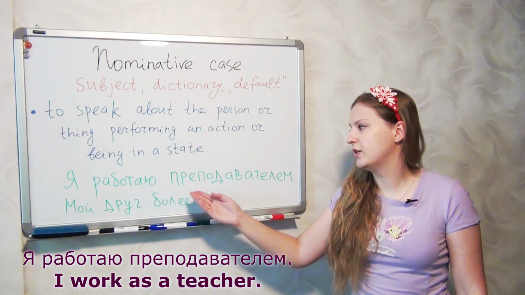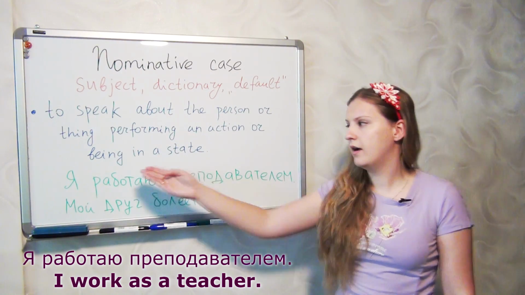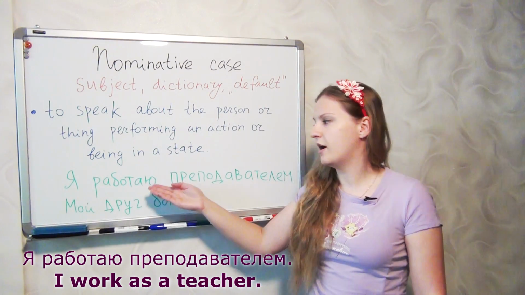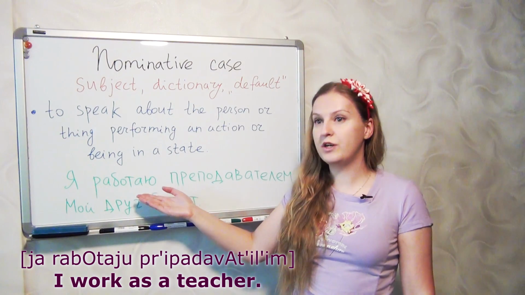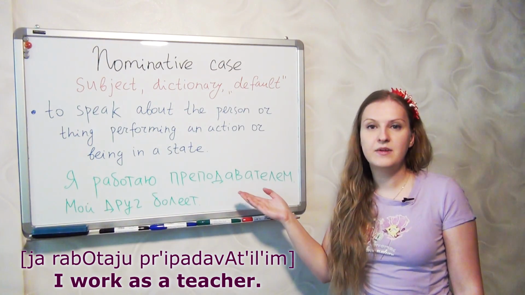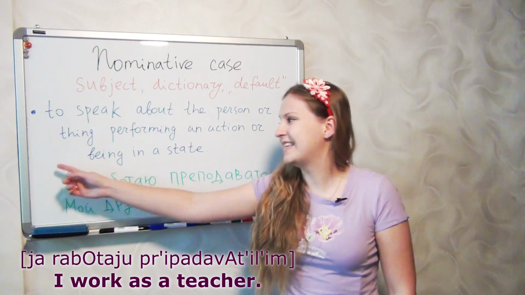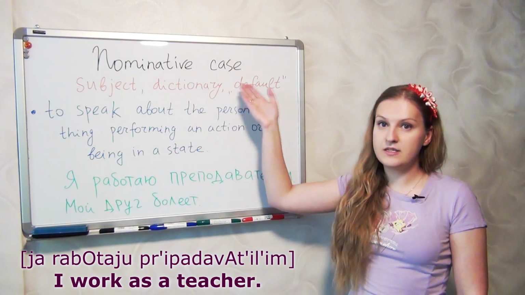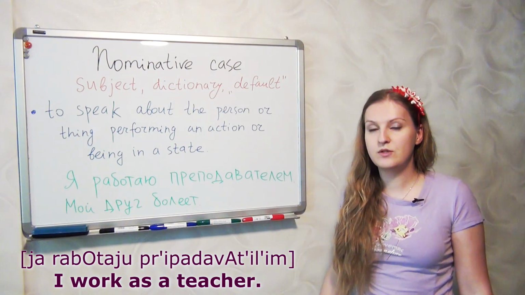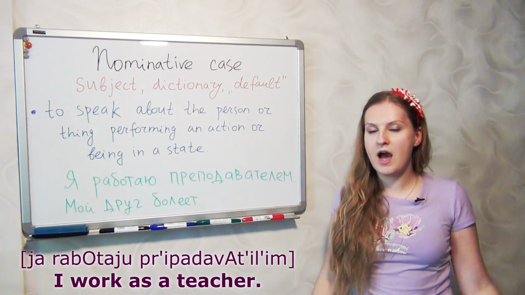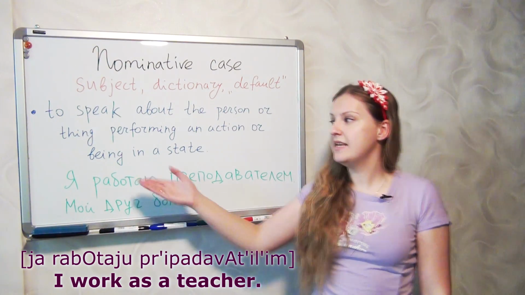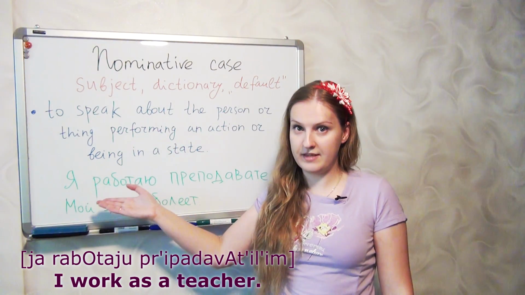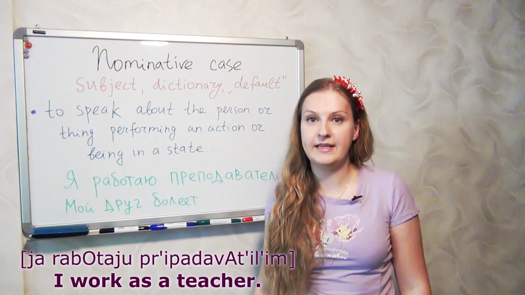Я работаю преподавателем. Работаю is a predicate, "work," преподавателем, "as a teacher." Here, я, the pronoun, is in the nominative case. In the first case, we do not say мне, меня, and so on. We say я. This is the nominative case of the pronoun I.